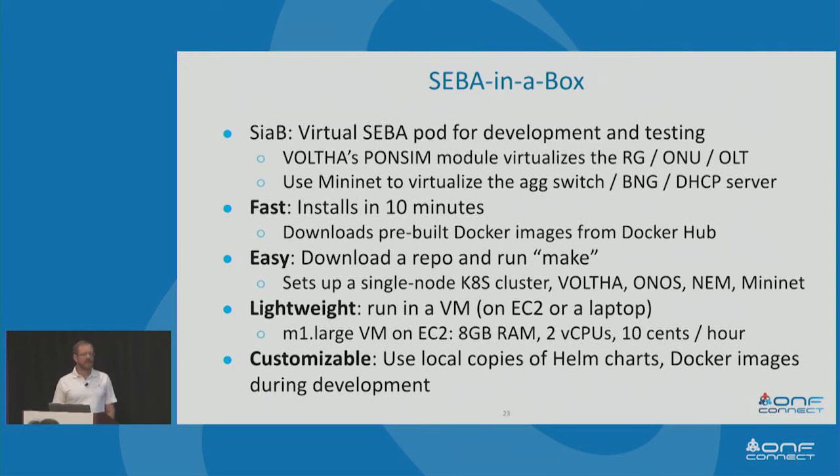You can set up SEBA-in-a-Box with multiple virtual OLTs and ONUs. So it's possible to test different layouts of the PON network. We haven't really pushed the limits to see how many ONUs and subscribers that we could run in SEBA-in-a-Box.